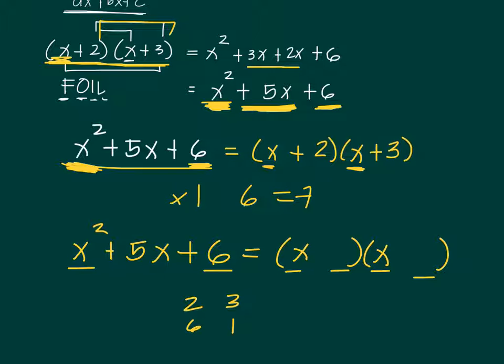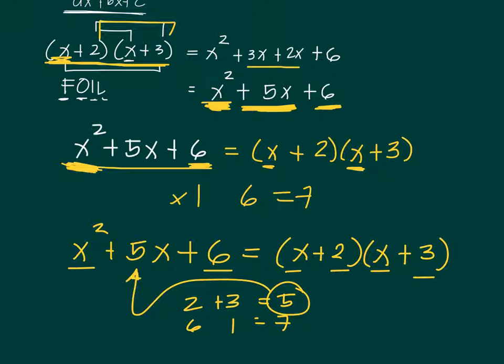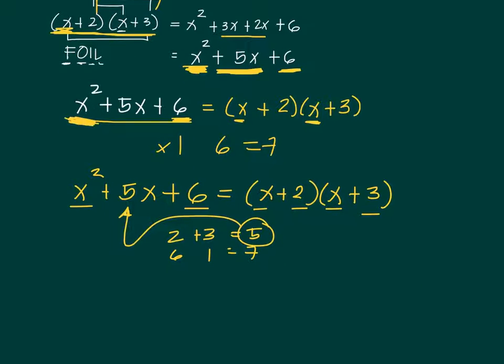Then we test which of the pairs of numbers will be the correct combination. We have to add them, 2 plus 3 and 6 plus 1 giving 7, and that sum should be the one in the middle. If the pair gives the value 5, then those are the numbers that we need. So we place 2 and then we place 3. Both of them are positive. So that's how you factor an expression. Okay, let's take a look at another example.